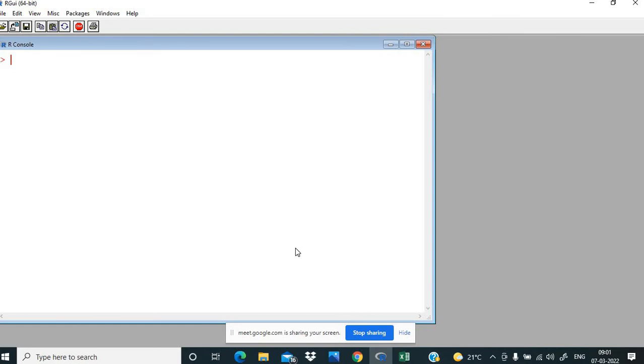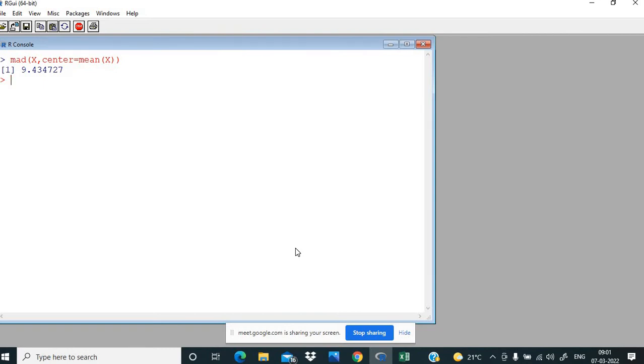If you want mean deviation from median, then you have 1 by n summation mod of xi minus median. So that is the command. MAD is mean deviation. And then we have the data set as x, comma, and then we have to write center equal to mean of x. So that will give you the mean deviation from mean. If you press enter, you will get the mean deviation from mean.